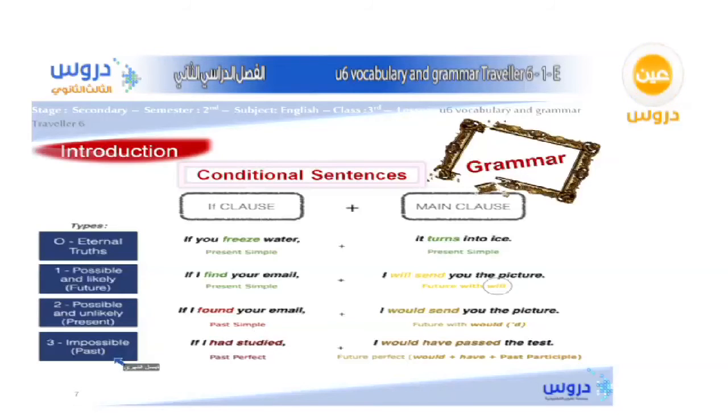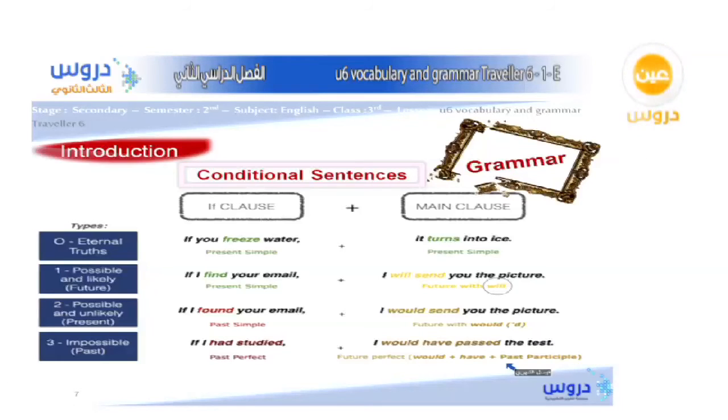Okay. And the last one, which is impossible, in the past: if I had studied, and you can see past perfect because we are using had, I would have passed the test. Future perfect: would plus have plus the past participle.